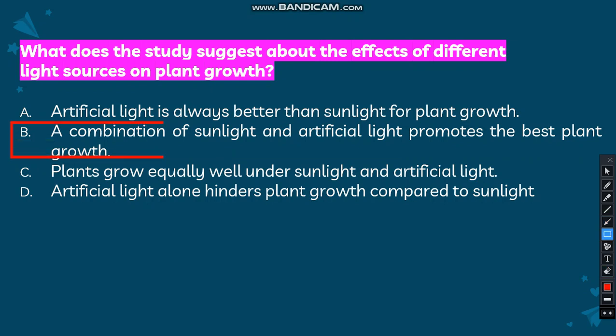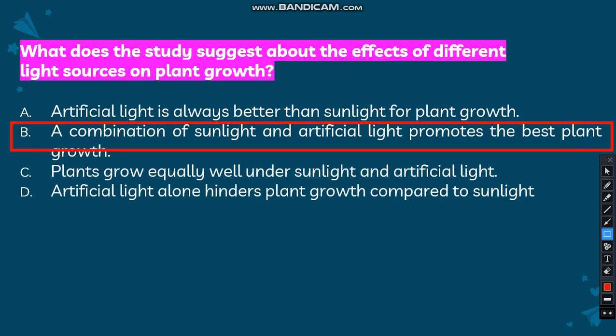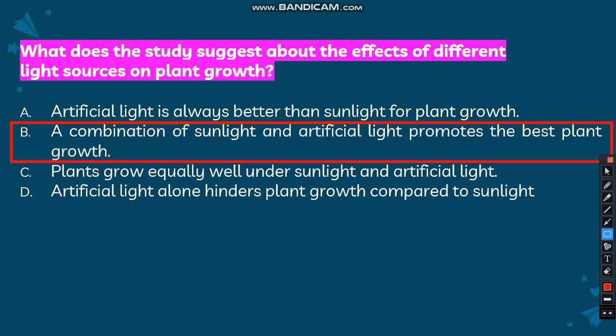And then we'll get back to the text to see how. A combination where sunlight and artificial light both work together. If both kinds of light are provided, then they grow the best. It promotes plant growth.